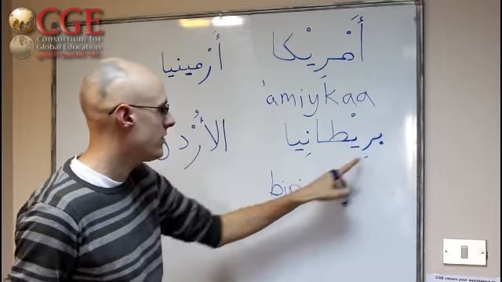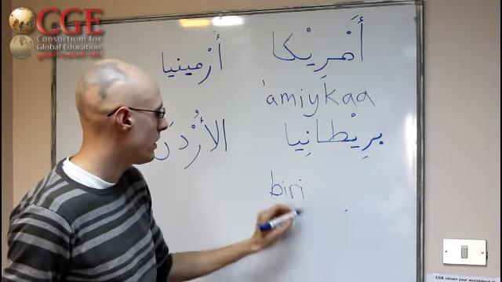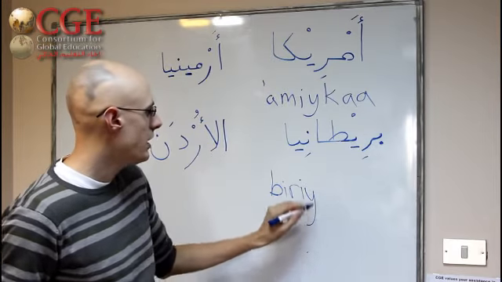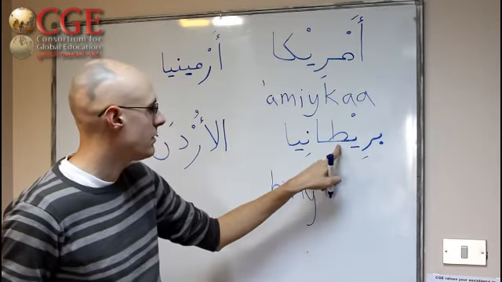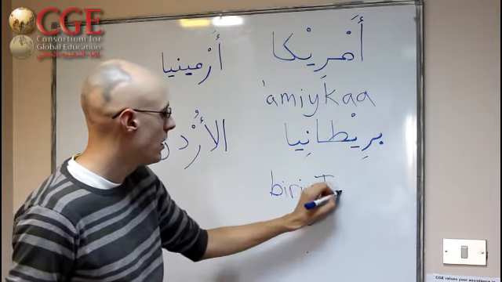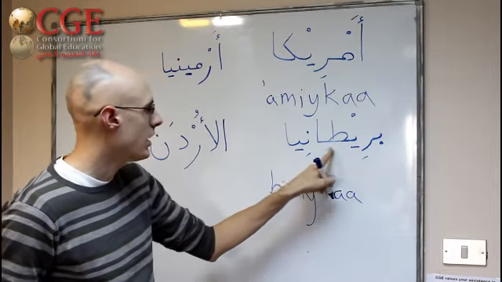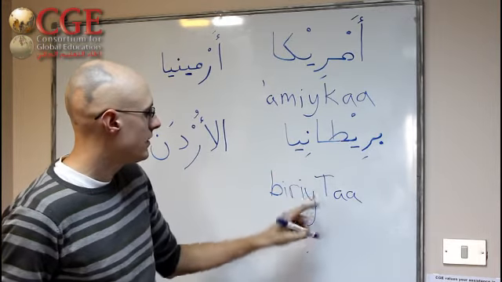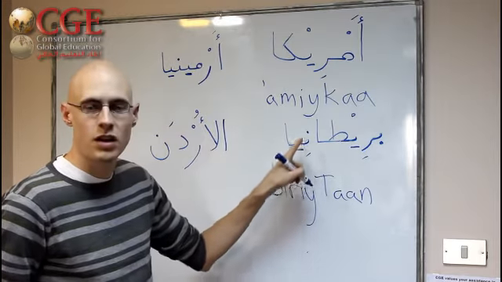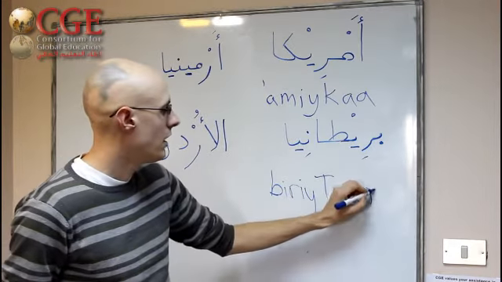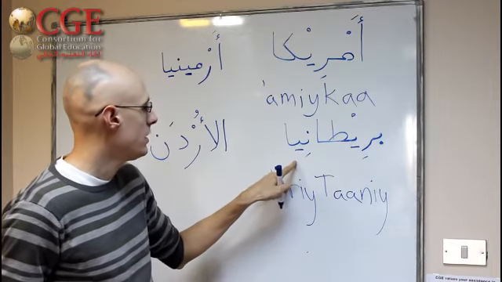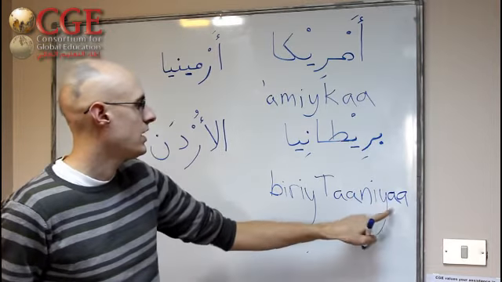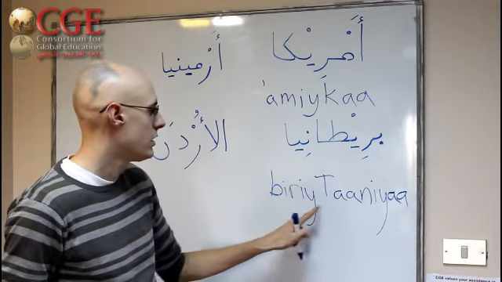But then you have B, R, and then a long I class vowel, bri, and then that heavy T, with a long A, brita, and then N, dot on top is for noggin, long I, Y, A. So Britannia.